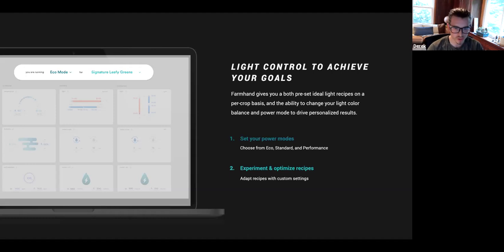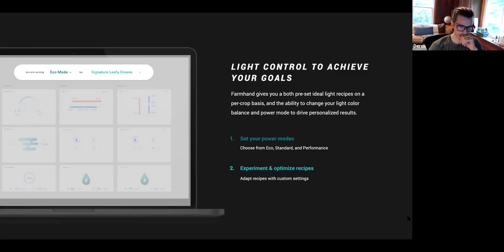It'll allow you to choose from these 3 modes: your eco, your standard, and your performance power modes. And it'll allow you to continually test, adapt, and save different recipes with custom settings as you get to know your farm, get to know the plants that you grow more often, and you can really fine tune that lighting environment exactly to those plants.